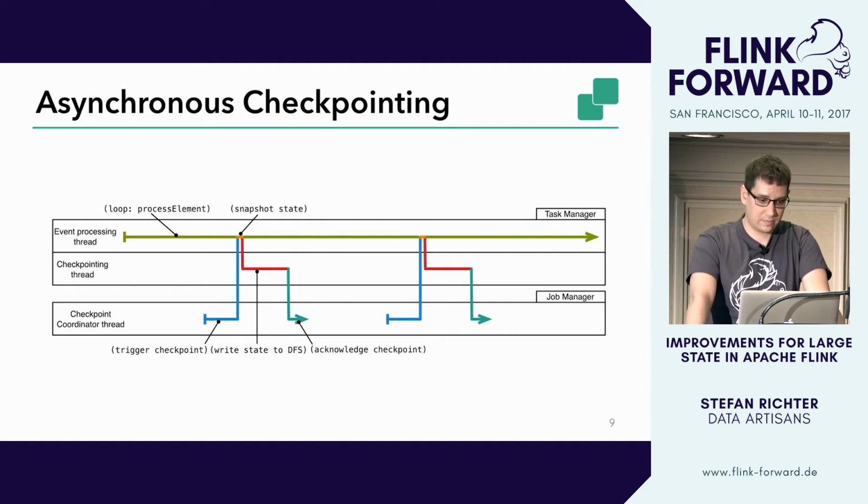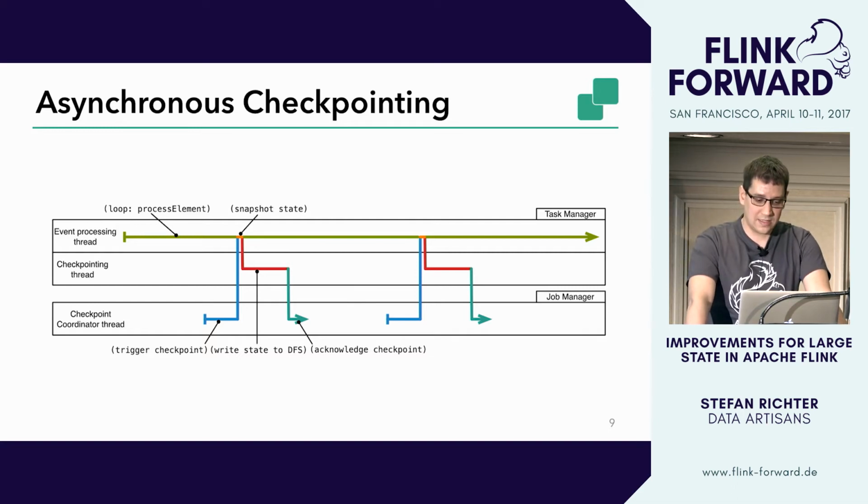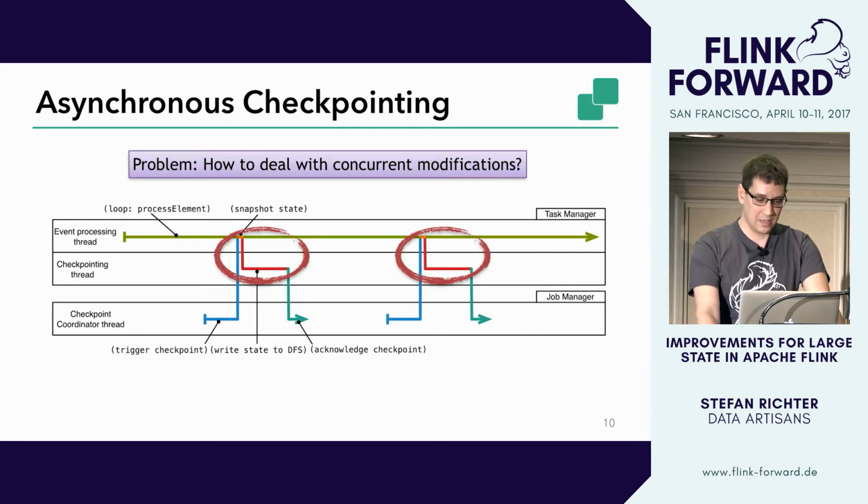So the idea of asynchronous checkpointing is that once you receive the trigger from the checkpoint coordinator, you only spend a small time in the event processing thread to generate a snapshot, and then use the snapshot to write your state to disk. The only problem in this case is how do you deal with concurrent modifications?